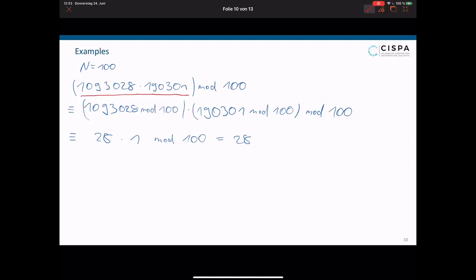And if I wasn't reducing these modulo 100, but modulo a 3 or 4-digit number, then it's even asymptotically cheaper to first reduce modulo the 4-digit number than doing the multiplication, getting a super large value, and then reducing it modulo this 4-digit number.